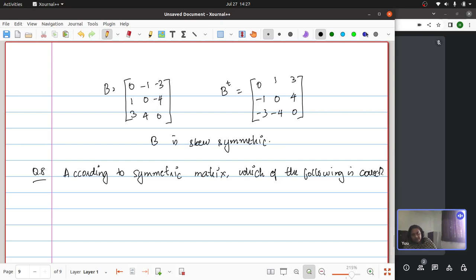So the first option says A equal to A transpose, which is the right answer. Which is in fact the definition of symmetric matrix.